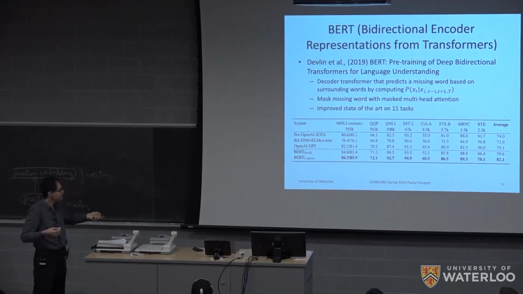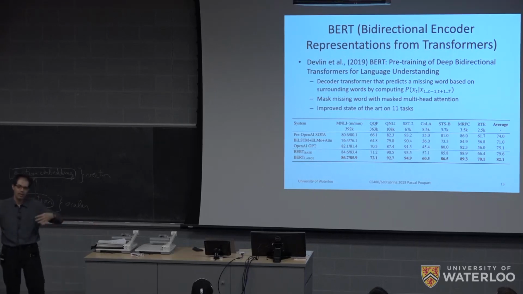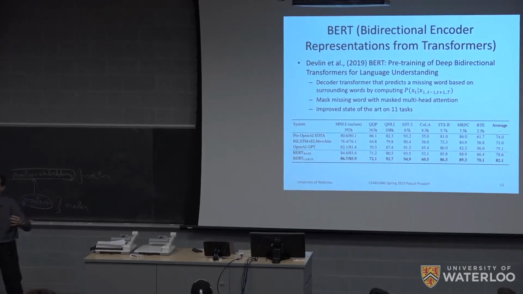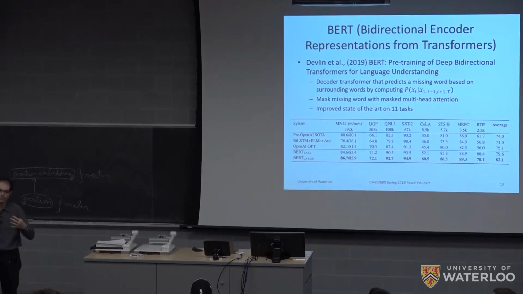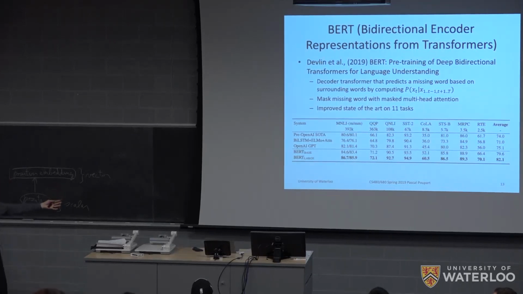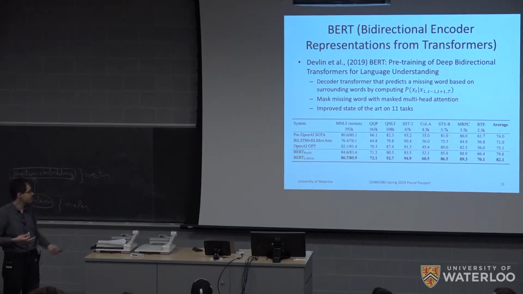And then what it means is that you could take advantage of what comes before and what comes after. So it's a bit like bidirectional recurrent neural networks that improve with respect to unidirectional recurrent neural networks. So here it's a bidirectional transformer, and naturally it does better than GPT.